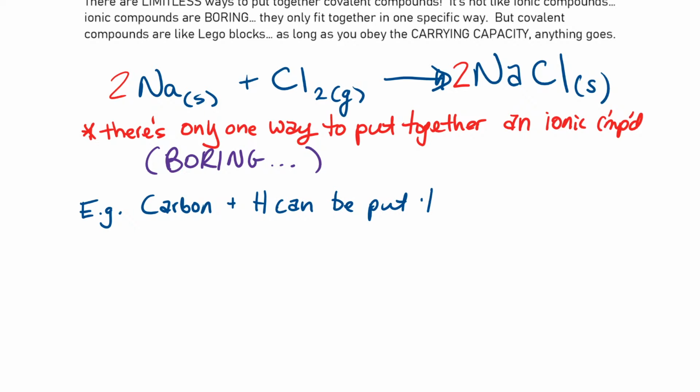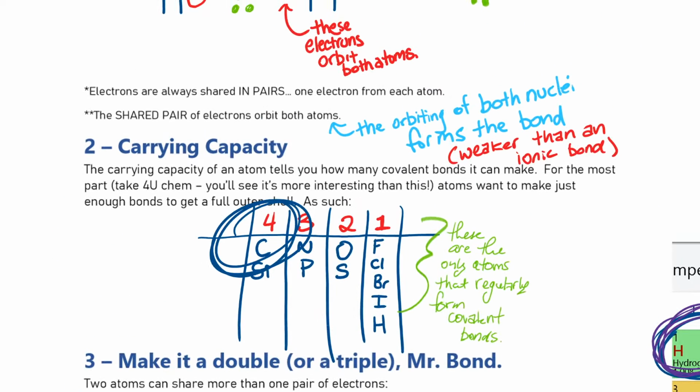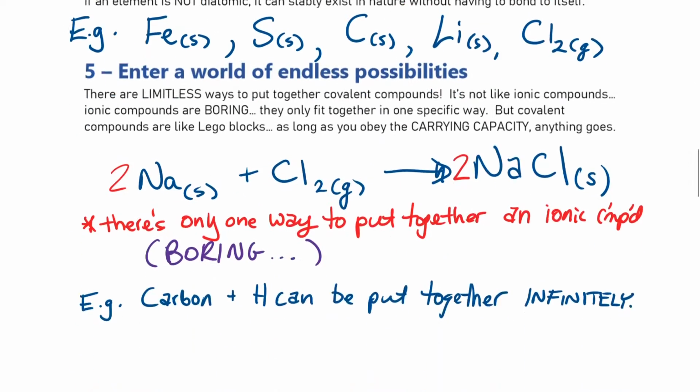They can be put together infinite ways. The only rule is that they have to obey their carrying capacity, which means carbon has to make 4 bonds and hydrogen has to make 1 bond. And as long as you follow that rule, you're good.